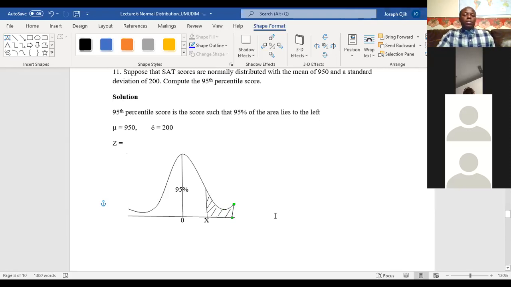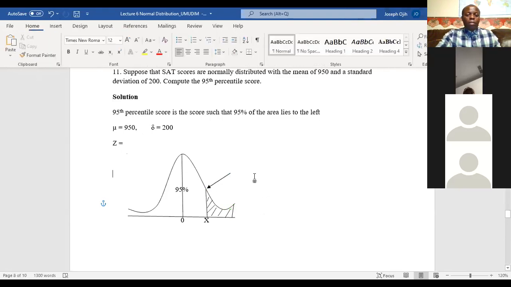Now, this x is the cutoff point, whereby 95% of all the scores lie below it.